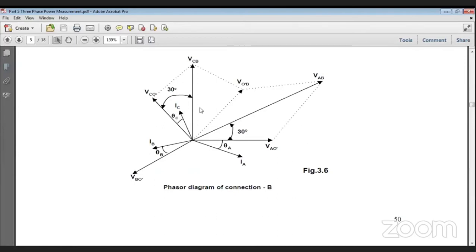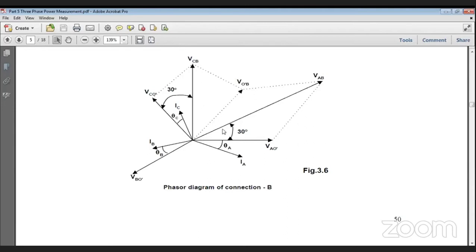Now why is it 30? It is quite obvious, isn't it? Because VA and VB have 120 degrees. So when you take minus VB, what is the angle between VA and minus VB? That dotted line is 60 degrees. And the source is balanced, so these two are equal. So this diagonal will bisect this angle, so this is 30 degrees.